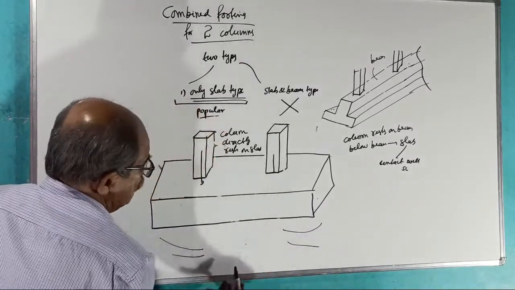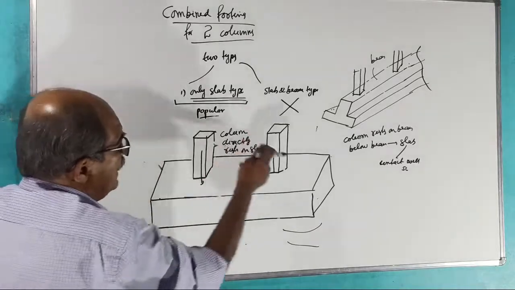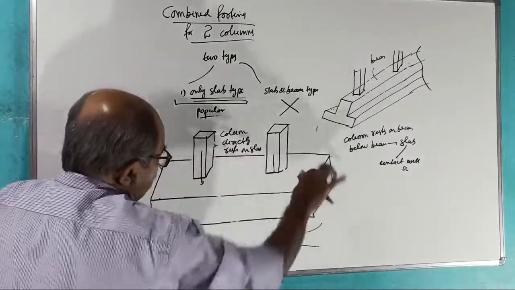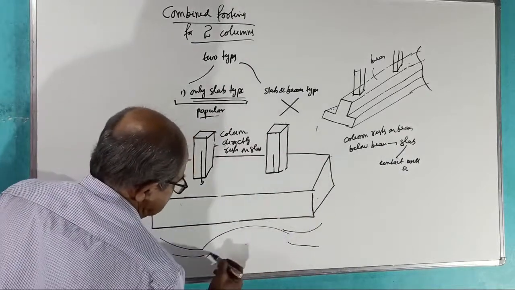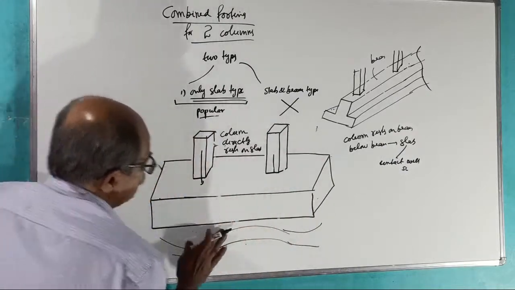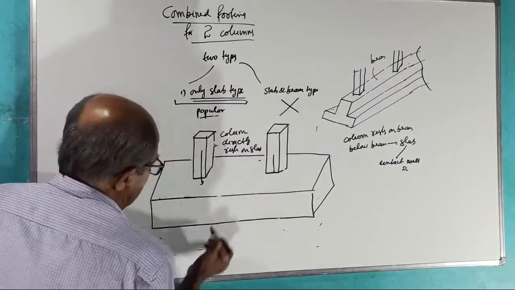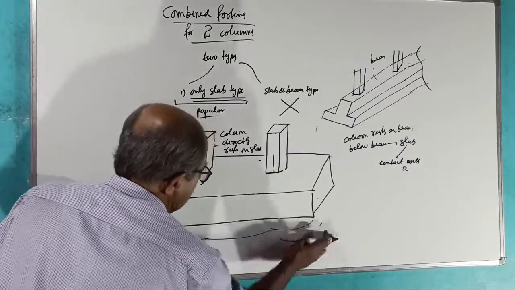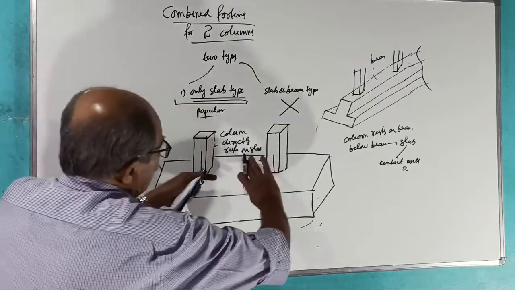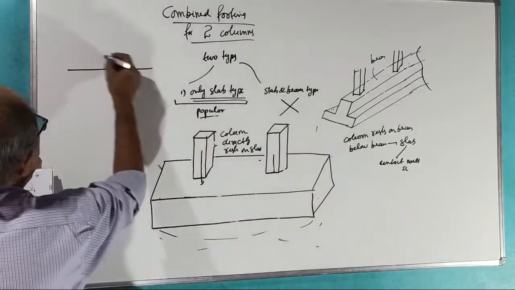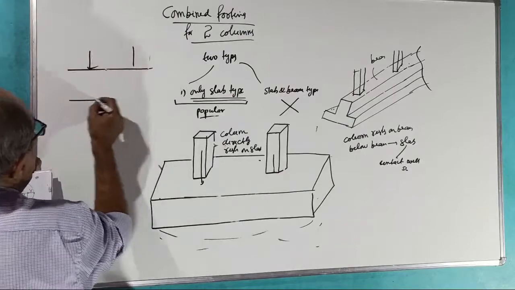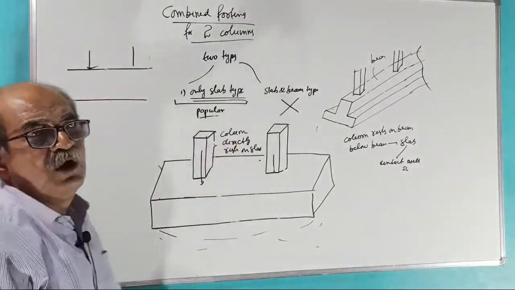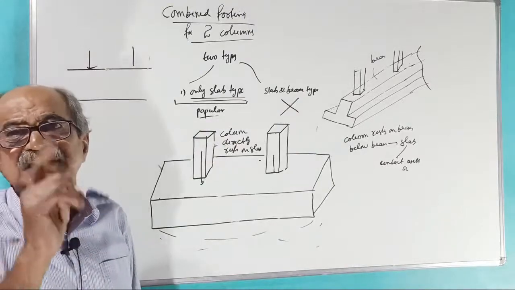The central portion, due to pressure, depending on the spacing of the columns, if the columns are quite wide apart, will hog. Whereas if the columns are quite nearby, this will sag, this also will sag, then this also will sag. If the columns are far off, you have to draw the BMD on the tension side.